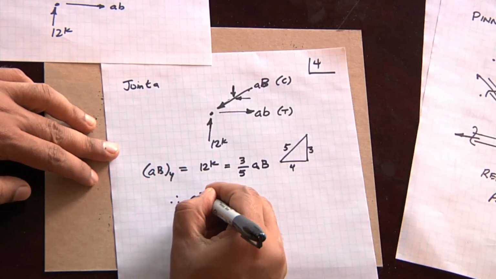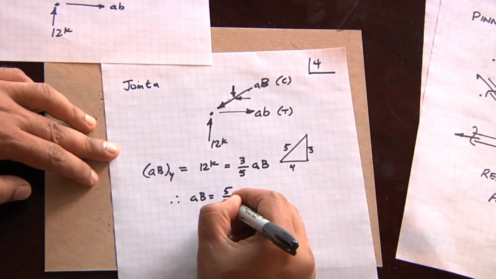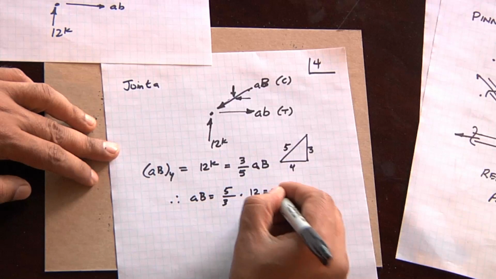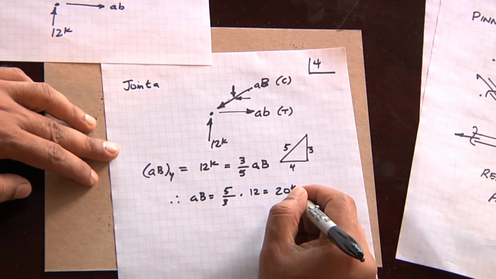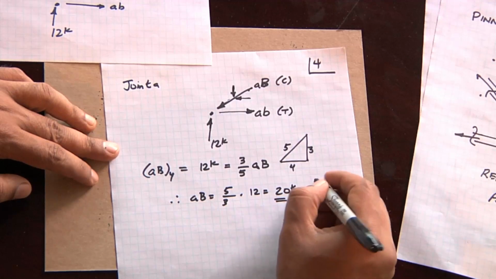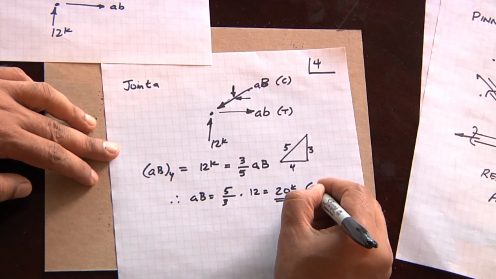Therefore, AB is 5/3 times 12. 3 goes into 12 four times, that's 20 kips. And that's in compression.